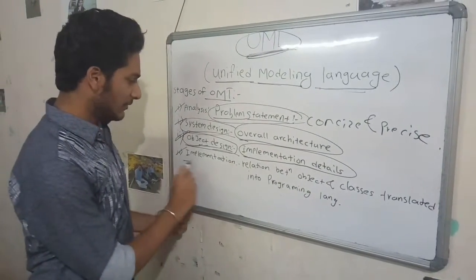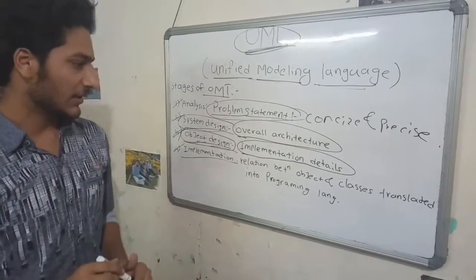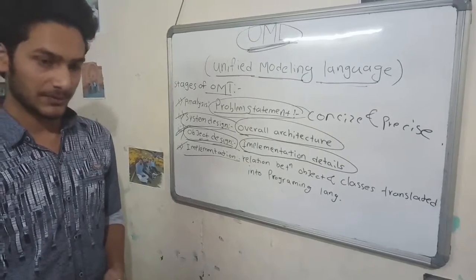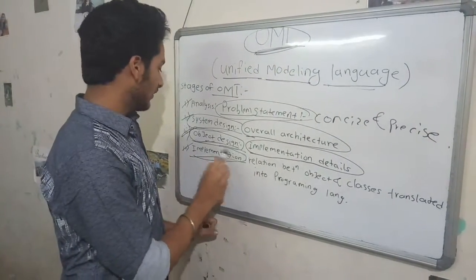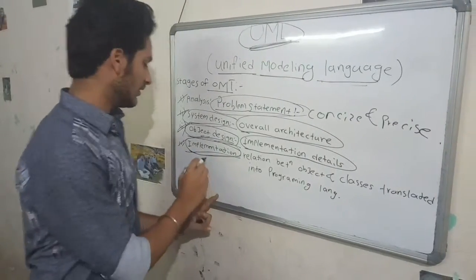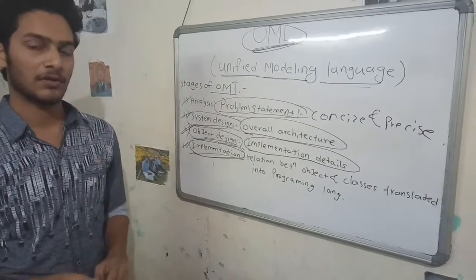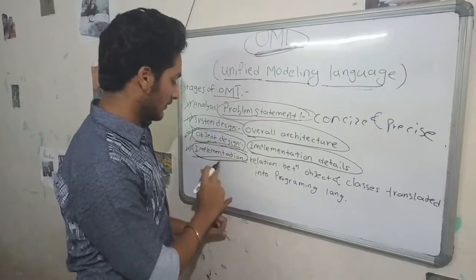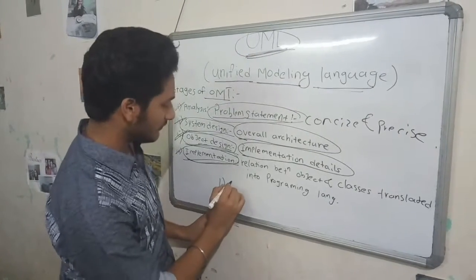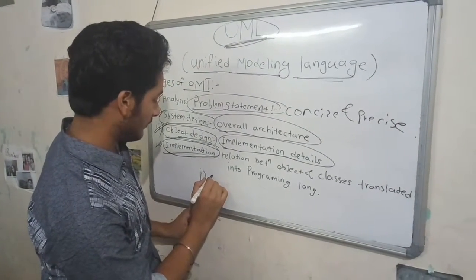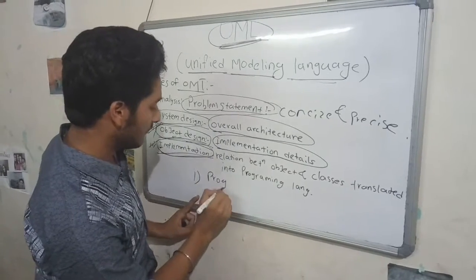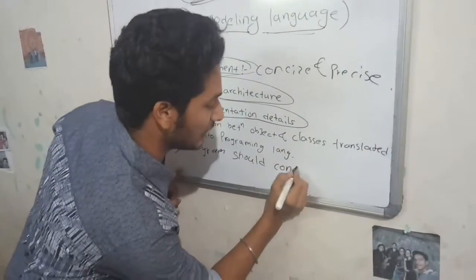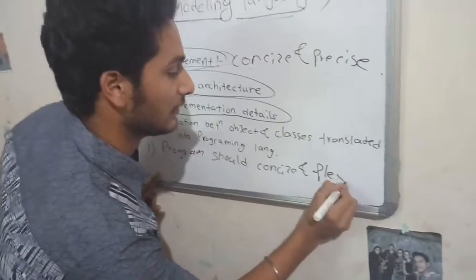The last one is implementation. Implementation is the relationship between objects and classes, which is translated into a programming language. During implementation, the designer should follow good software engineering practices, and the program should be concise and flexible.